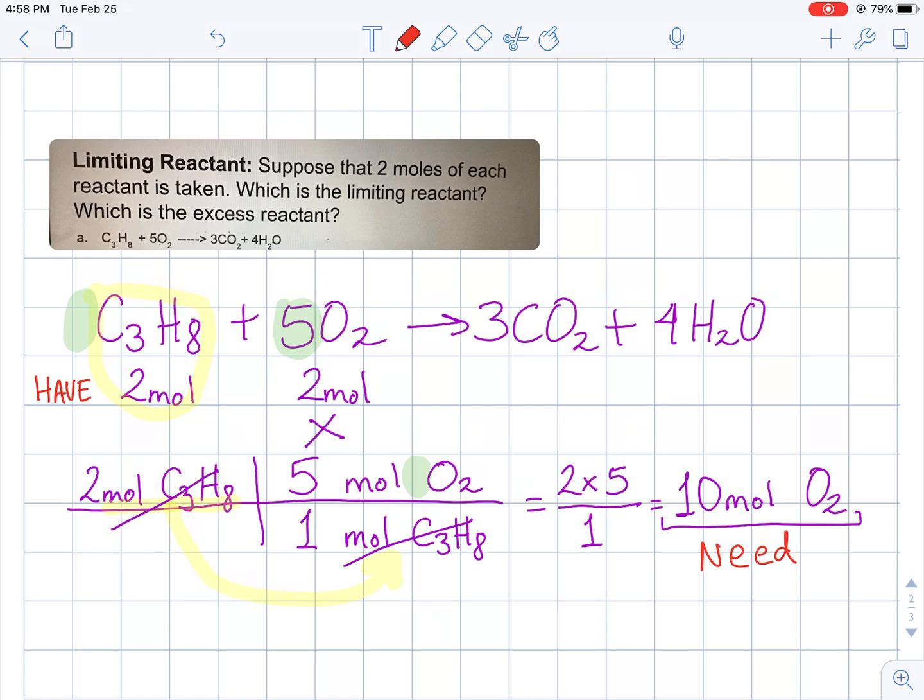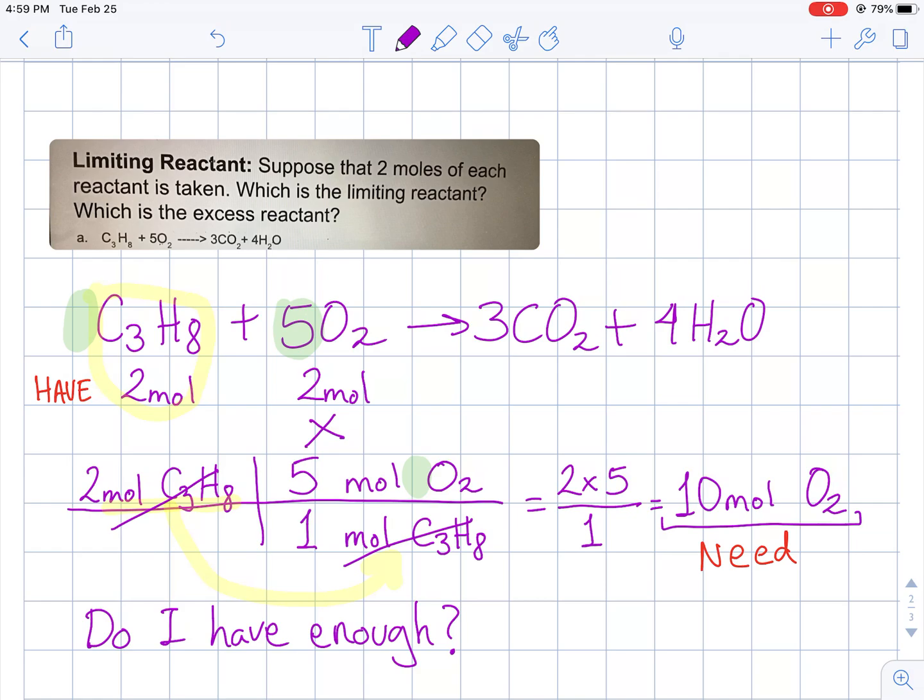So now we get to ask ourselves, do I have enough? So that's an important question. So I'll put the question here, do I have enough? And depending on what your answer is, then you're going to figure out which one is your limiting reactant. So always make sure that you're comparing apples with apples.